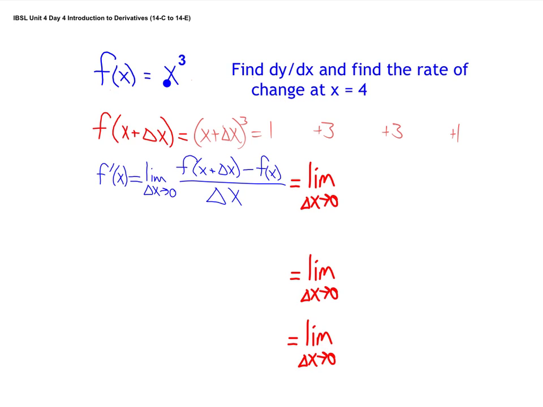And then you have x cubed, x squared, x, and no x's, delta x cubed, delta x squared, delta x, and no delta x's. Okay, so there's our f of x plus delta x.